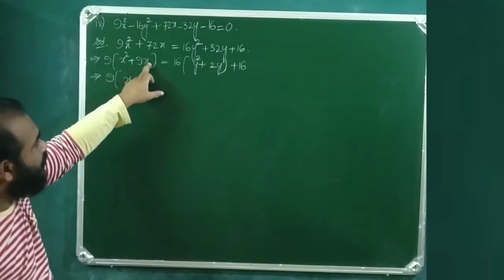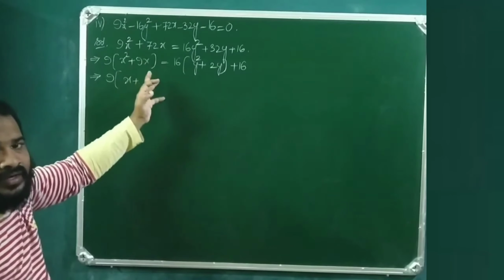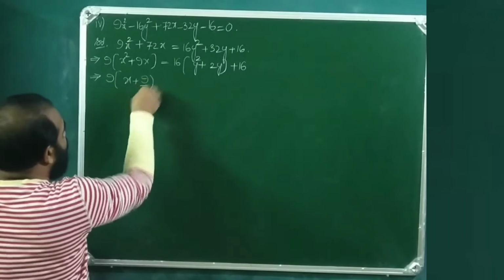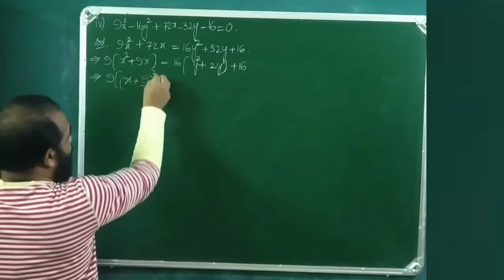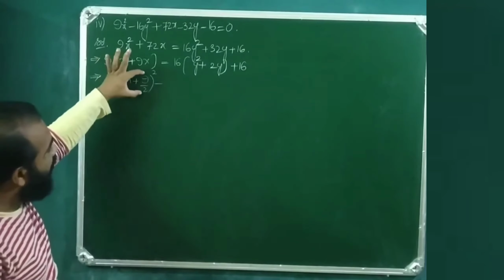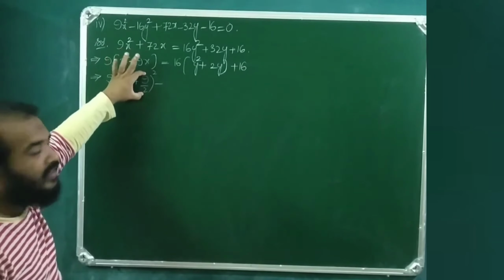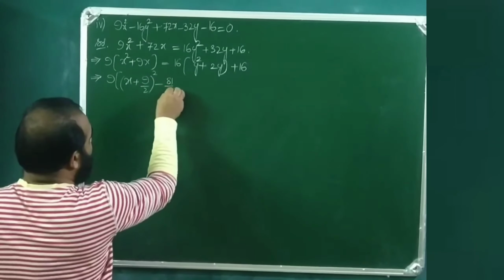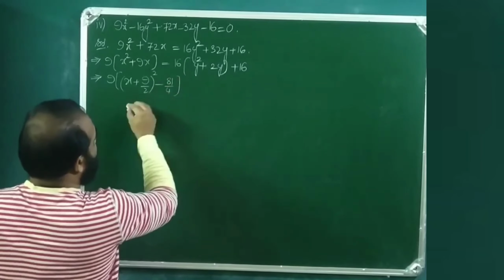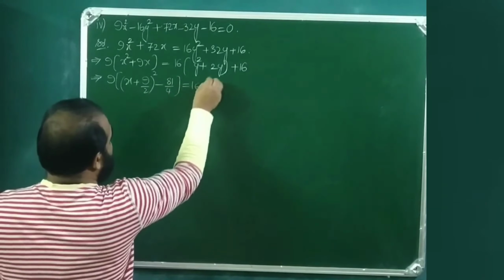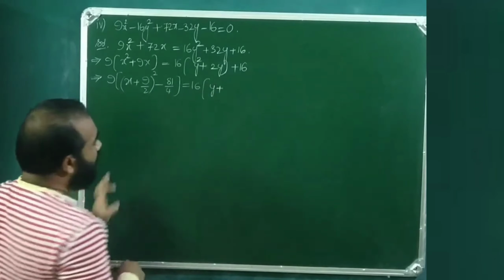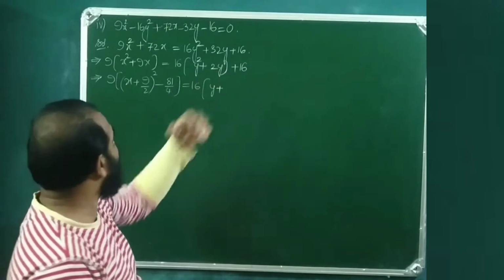The coefficient of x is 8, take half of it, so 4. Complete the square: its square is written here, 4 square is 16. Equals 16 into y plus, and the y coefficient is 2, half of it.